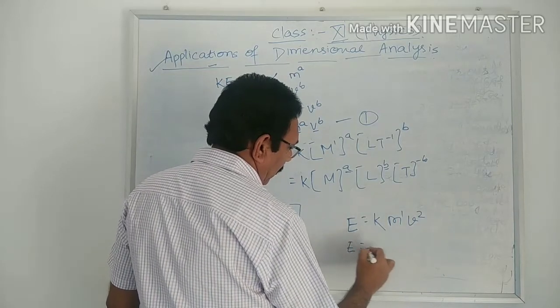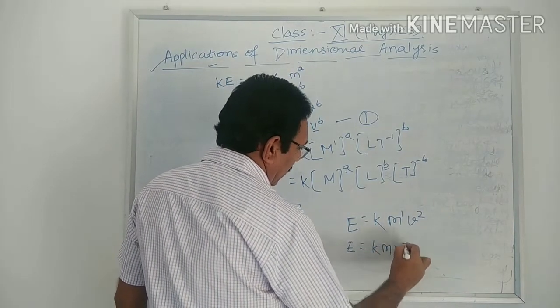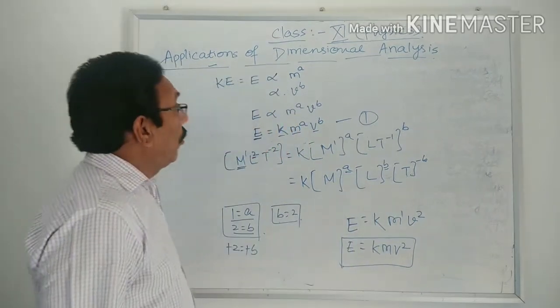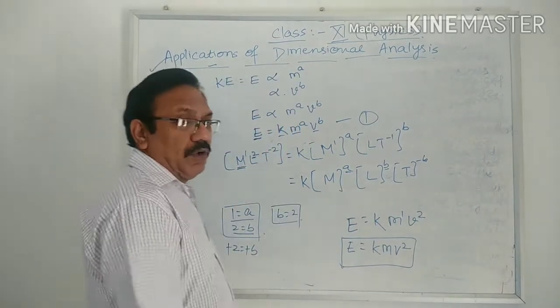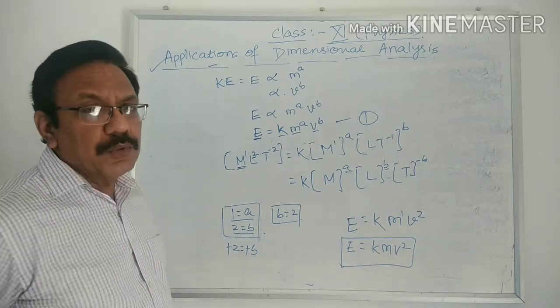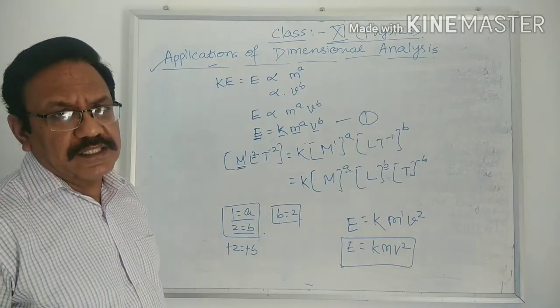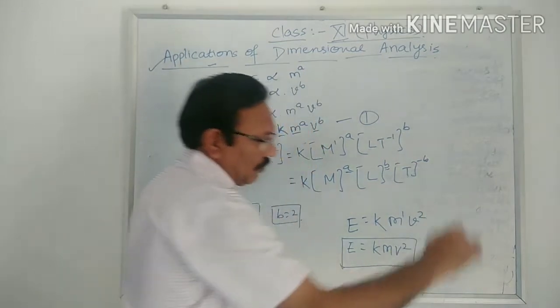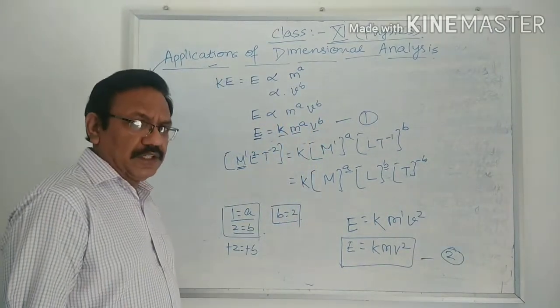So E equals K M V square. This is the relation obtained by the principle of homogeneity and by the use of dimensional analysis. This is equation number 2, which is the required relation.